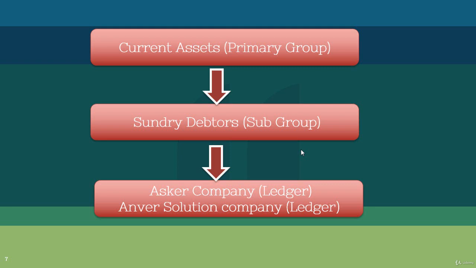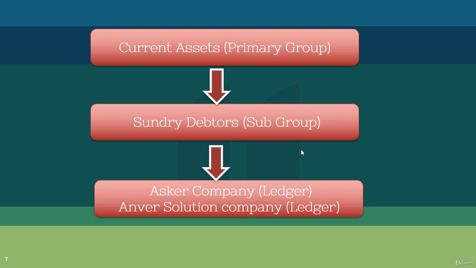So they created sundry debtors as a subgroup of current assets, right? And then the company needs to create ledgers based on its debtors. We can create Asker as one of our debtors. We have to create Asker Company under the sundry debtors subgroup. As well, we can say Anvil Solution Company is one of our sundry debtors.